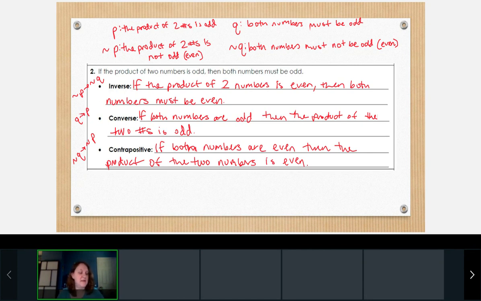This is why I said that maybe your answers would look a little different than mine. Maybe you chose to just write not odd. That's okay. So your inverse could say, if the product of two even numbers is not odd, then both numbers are not odd. And that would have been okay too. If you recognize that not odd means that they're even, then you could use the word even.